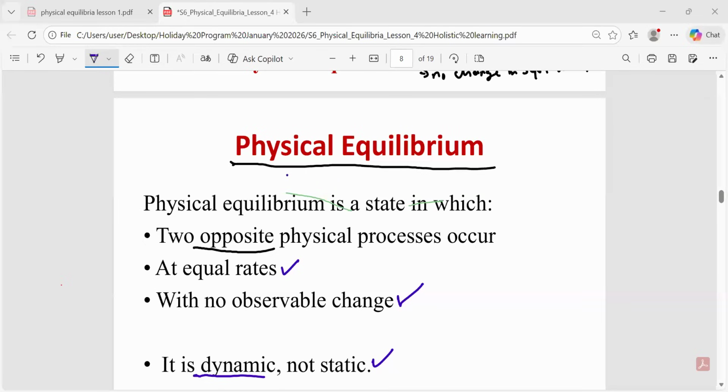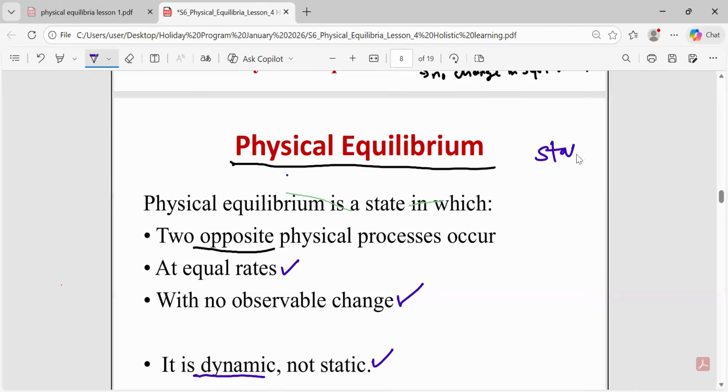Static, it continues. You see, when something is static, but this time around we are saying dynamic. Okay, I'm sorry. For dynamic, it continues moving, in motion. Okay, thank you for that submission.